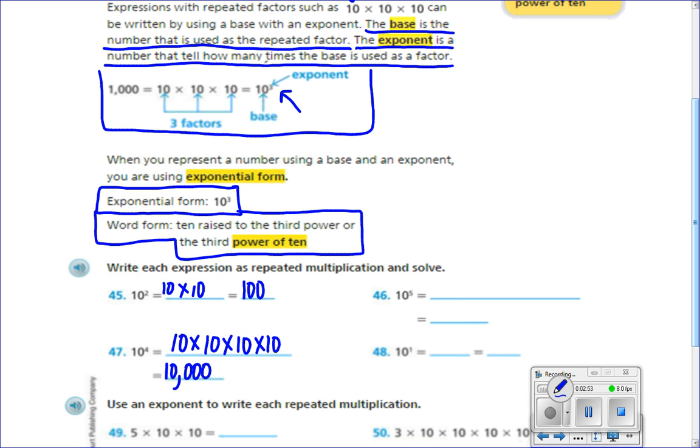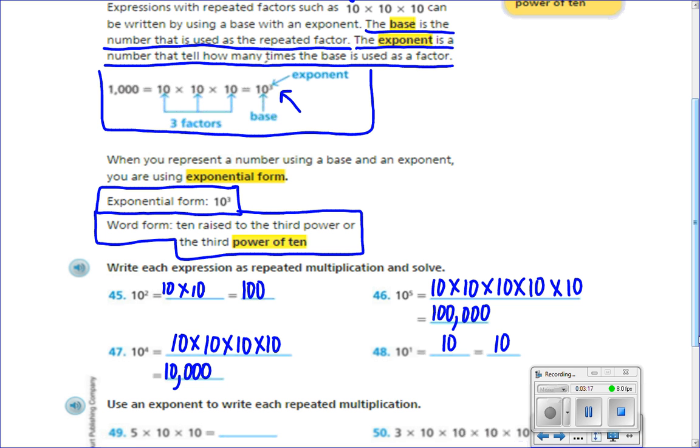Hopefully you're starting to see that. 10 times 10 times 10 times 10 times 10 is 10 to the fifth power. 1, 2, 3, 4, 5. 10 to the first power equals 10.